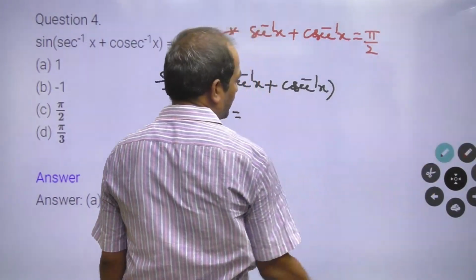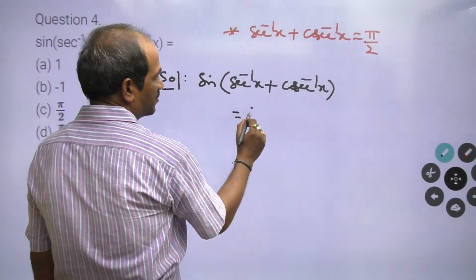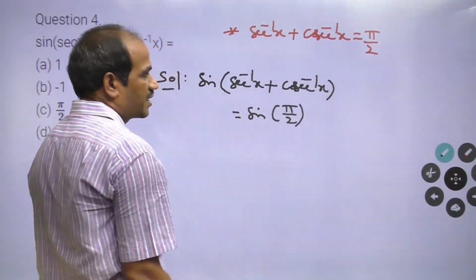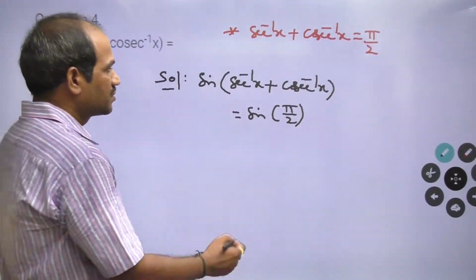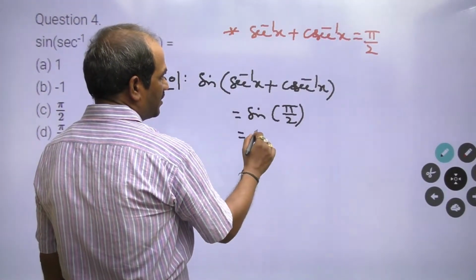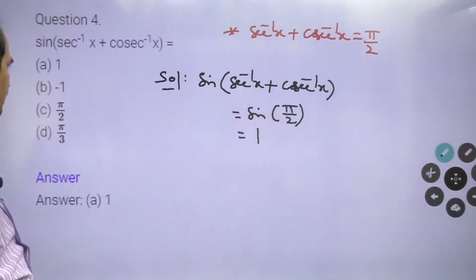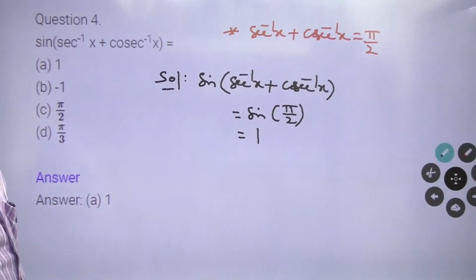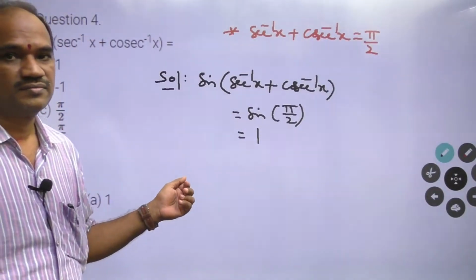So that is equal to sine of pi by 2, sine of 90, which is equal to 1. So option A is the right option, the answer is 1. Write this question.